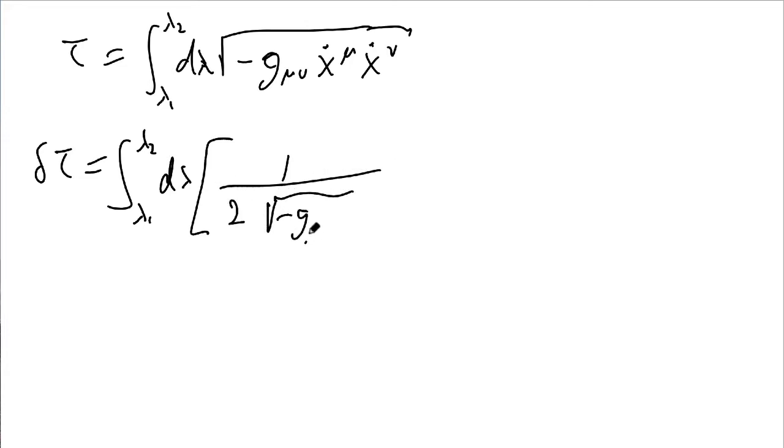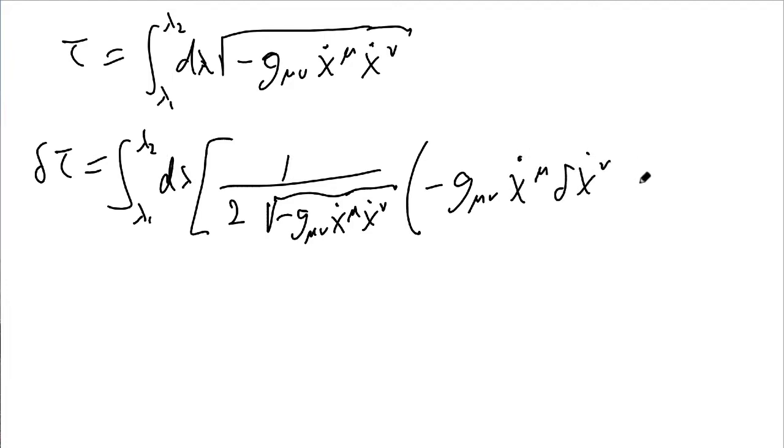That's the square root of minus g mu nu x dot mu x dot nu. And now we differentiate what's under the square root. We have minus g mu nu x dot mu delta x dot nu minus g mu nu delta x dot mu times x dot nu.